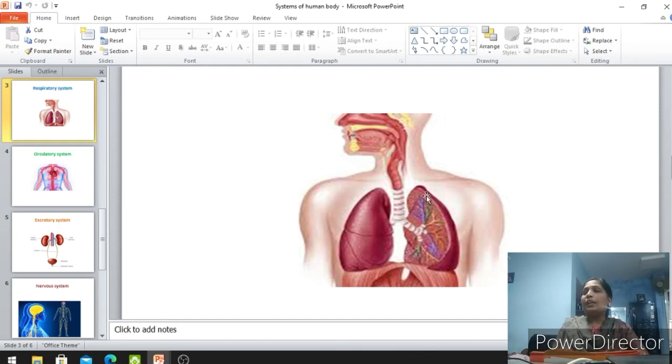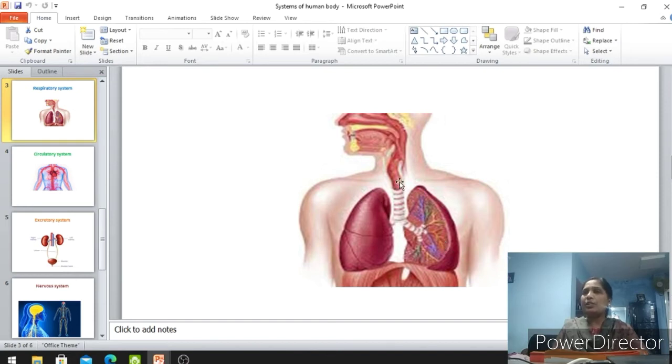And I also told you internal organs are very delicate organs and always they need some protection. They are taking protection from our bones. So by covering your chest part, a bony framework is there. Those are ribs. So your ribs are giving protection to our chest part.